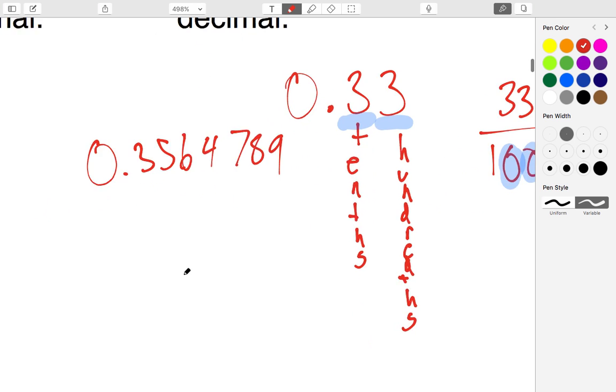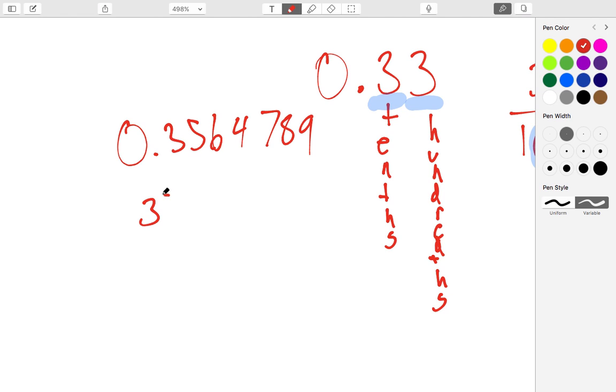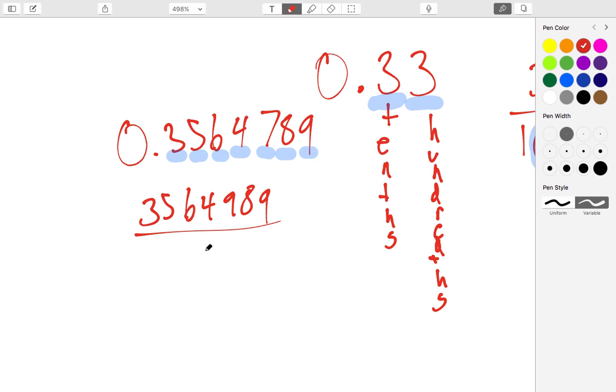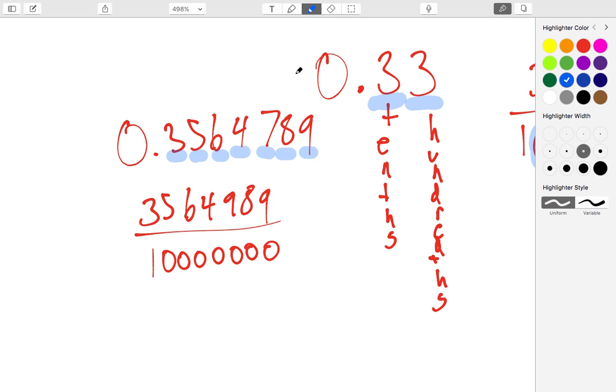All I would need to do is write 3, 5, 6, 4, 7, 8, 9, and then start counting. 1, 2, 3, 4, 5, 6, 7, and that tells me I need a 1 and 7 zeros. So how many digits after is what tells me how many zeros. You won't have a problem like this, but that's just to illustrate my point that it's about the zeros.